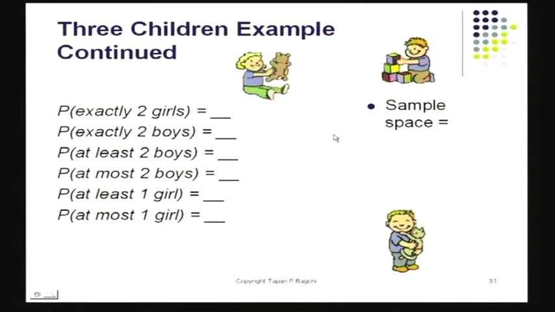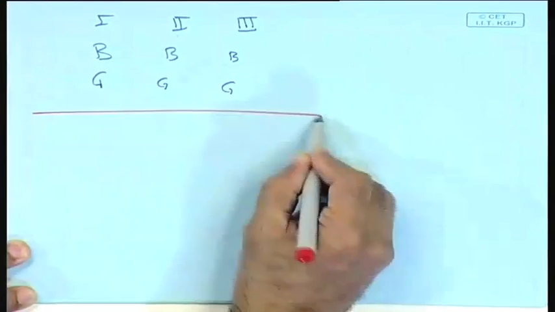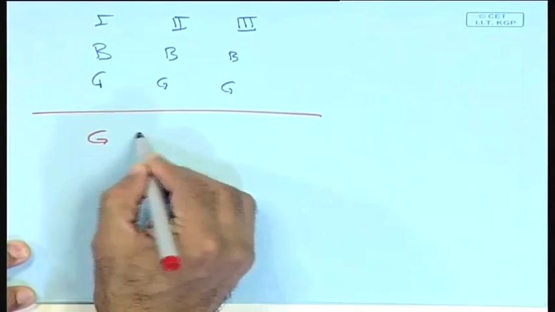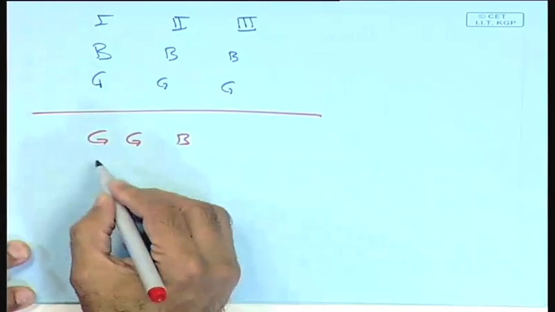The probability of finding exactly 2 girls. Think about this. How will I find exactly 2 girls? What are the possibilities? Let's try to write them down. Exactly 2 girls. So how could I have them? Girl, girl, boy. That's one outcome that will give me 2 girls.